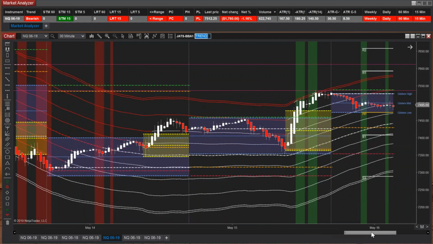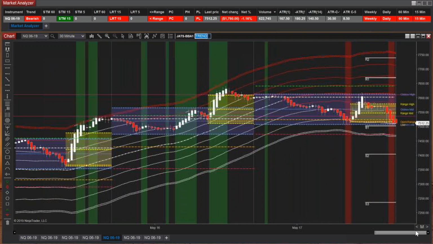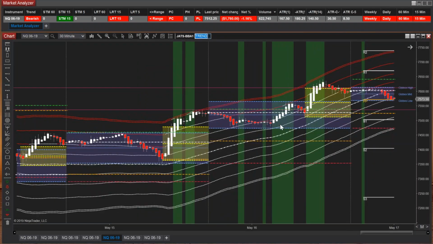Tuesday, no trend, just inside range, up and down. Tuesday, Wednesday, and then we get into Thursday, and Wednesday was a big up day, and Thursday sort of sideways and up, but a trending condition.